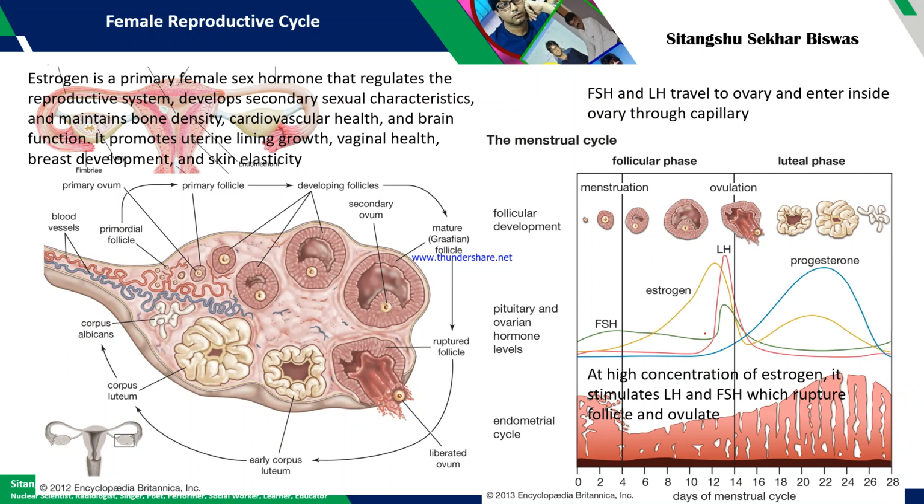So now, after these 10 to 12 days, there is a significant development in the follicle, and it is developing into a mature follicle. At that time the estrogen concentration will increase further.